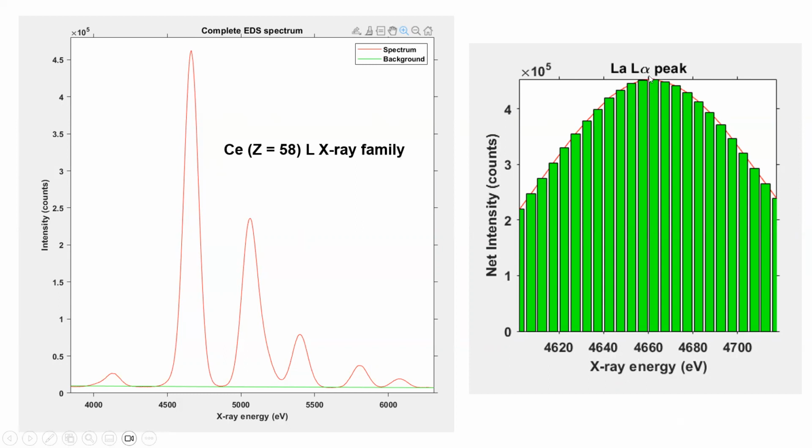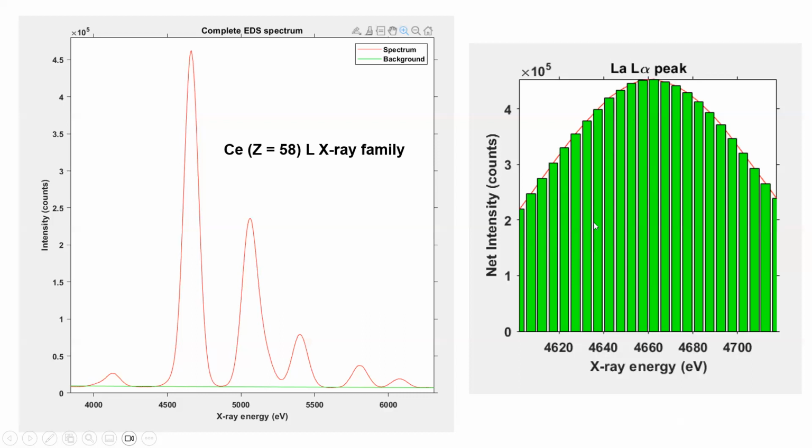This is the peak intensity of the net spectrum, and then you have the full width half max on the left and on the right. At each energy, or what we call each channel in the X-ray spectrum, we have a number of counts, so I plotted this as a bar graph, because each of these has a number of counts.